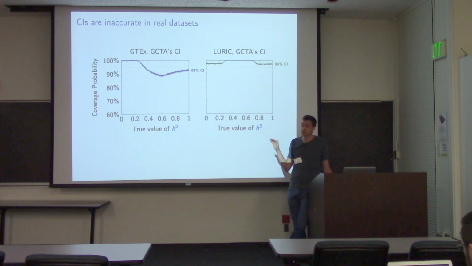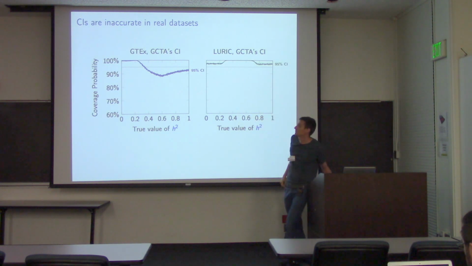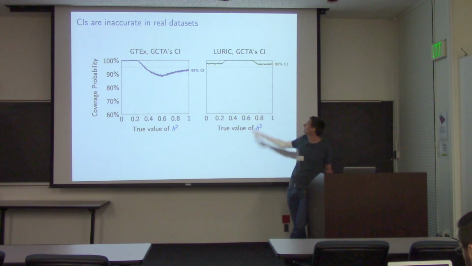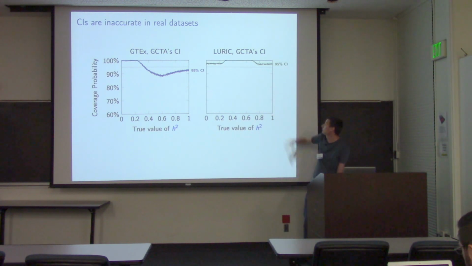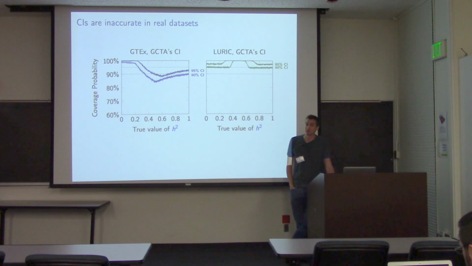If the CI was accurate, this should have been on the straight line over there. That's the 95% line. And we can see it's well above it sometimes and below it, so it's very inaccurate. And for Lurik, it's above it for some reason. I'm not sure why. And this is the same thing for 90% CIs. Again, it should have been on the 90% line, but it's not.